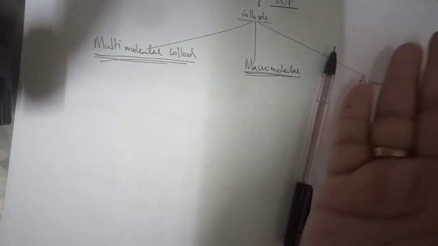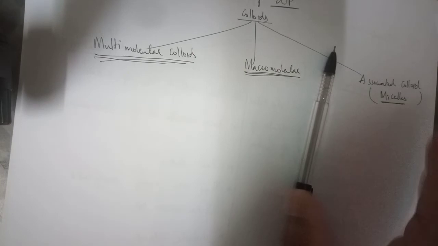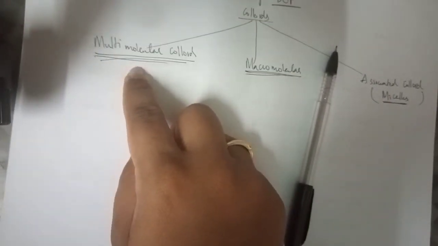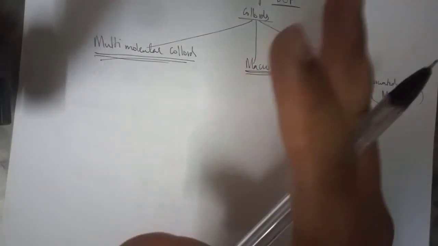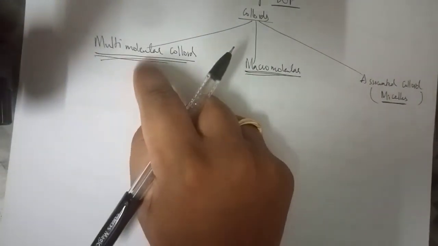So in that case it can no longer form a true solution, it forms colloids, and that is an example of multi-molecular. One molecule falls under true solution, but many molecules aggregate together and form a multi-molecular colloid.